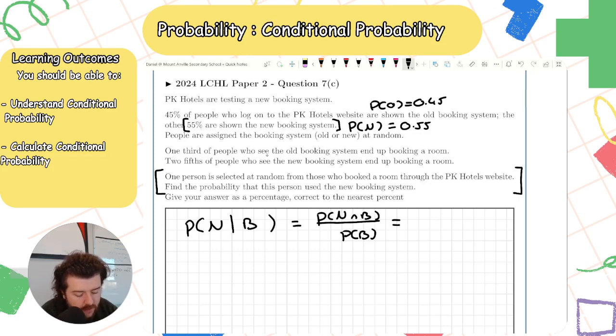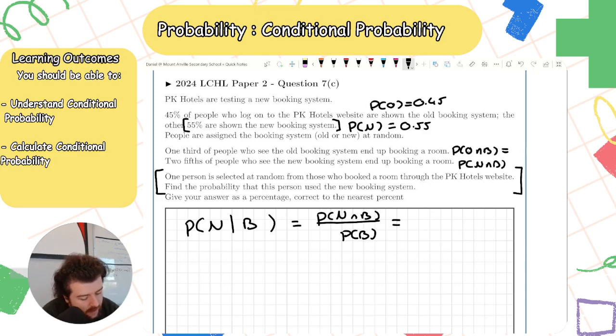1/3 of the people who see the old booking system end up booking a room. 2/5 of the people who see the new booking system end up booking a room. So this would be the probability of the old booking system and they booked, and the probability of the new booking system and they booked.